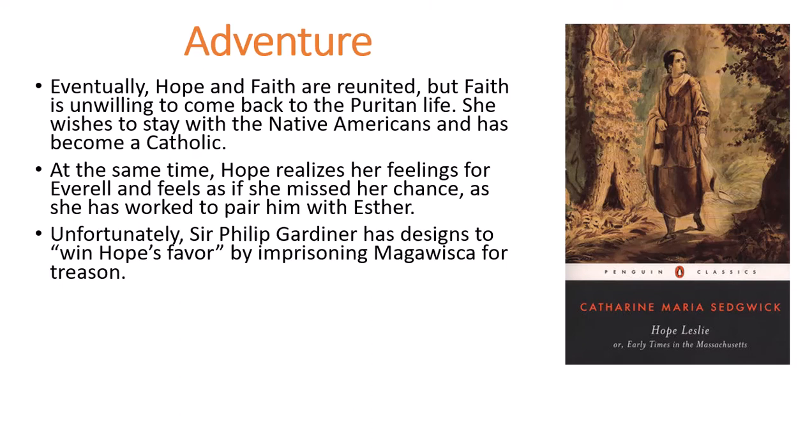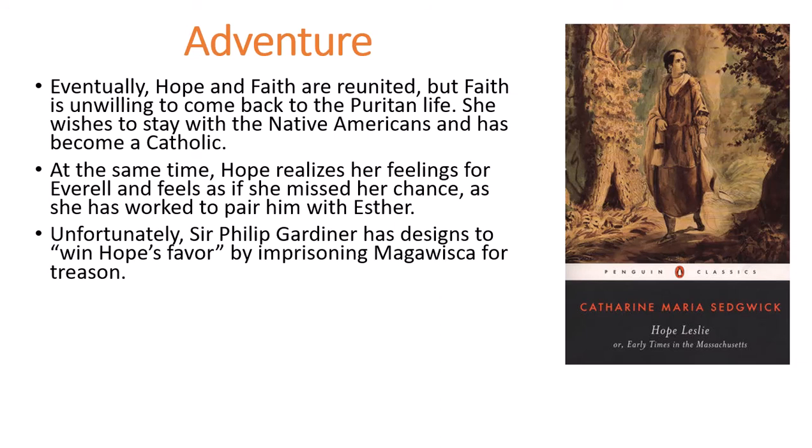And Philip Gardner has tried to win Hope's favor by imprisoning Magawiska for treason. So basically what happens is that Magawiska comes to Hope to tell her where Faith is and to reunite her with her sister. And when that happens, Sir Philip Gardner breaks in with his posse, and they charge Magawiska with treason.